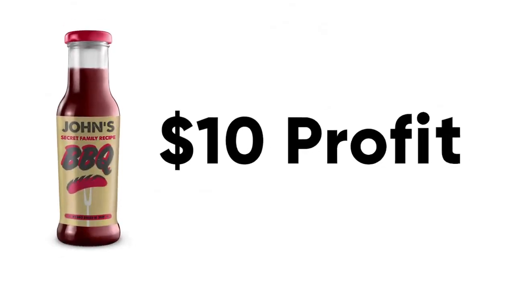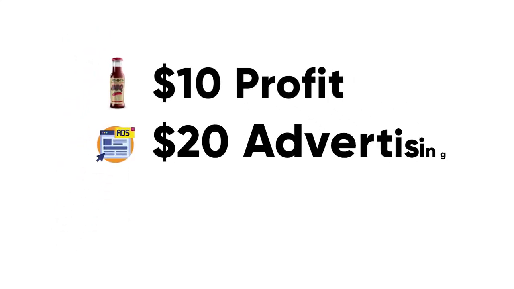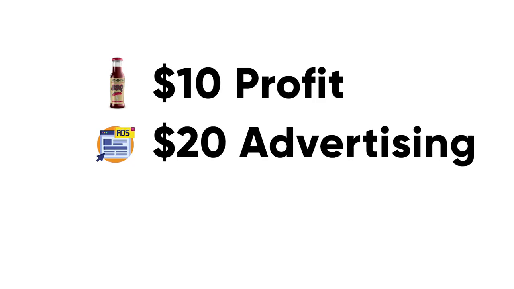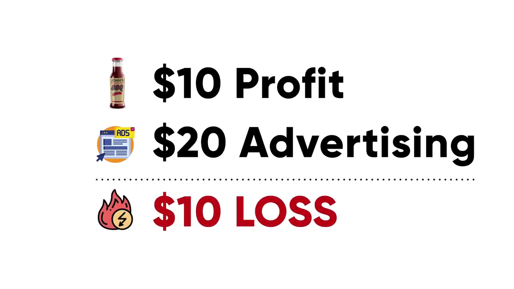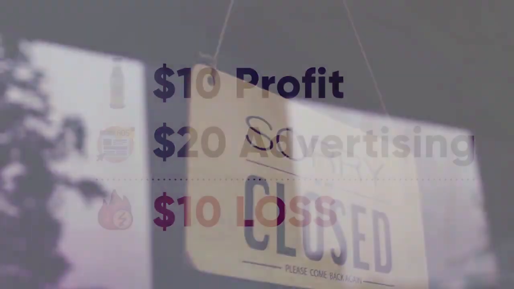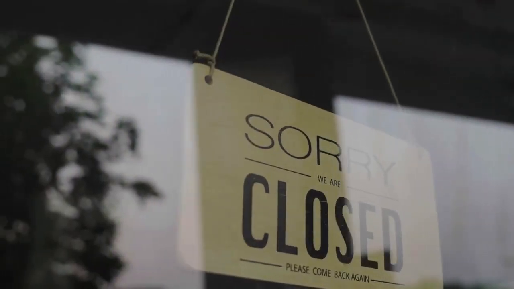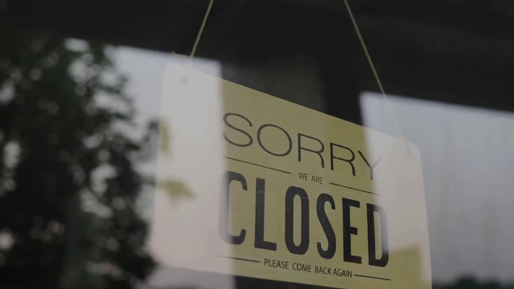So let's say that John makes $10 profit on every bottle after he covers his hard cost to make each bottle of barbecue sauce. But he has to pay on average $20 in advertising to generate each sale. Oh no, he's upside down $10 on every bottle. John and thousands of other businesses like his would be out of business in no time with these margins.